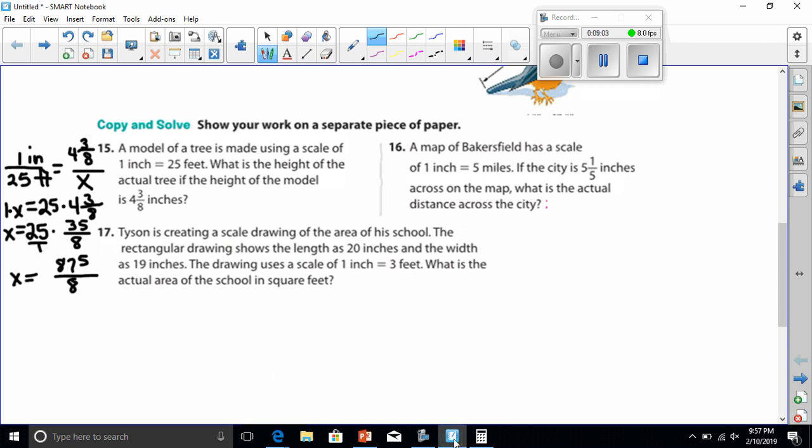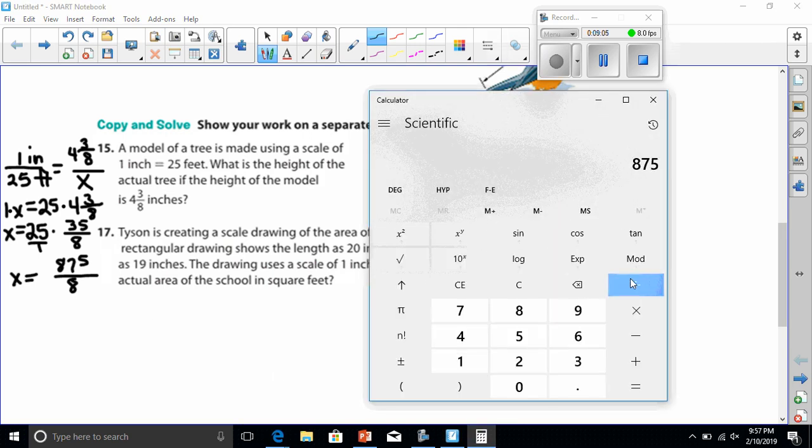Well, 875 divided by 8 is 109.37. So the actual tree is 109 feet and 37 inches maybe.